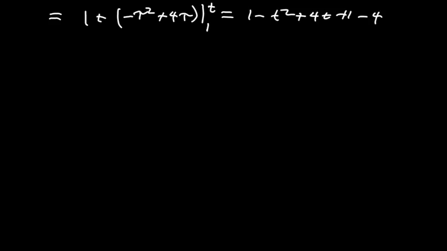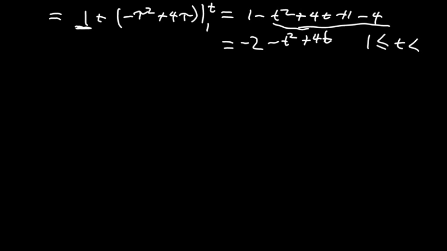As you can see, this first part belongs to that first section, and this is the full expression for the new section. So we get that this is equal to minus 2 minus t squared plus 4t, and this is for t less than 2.